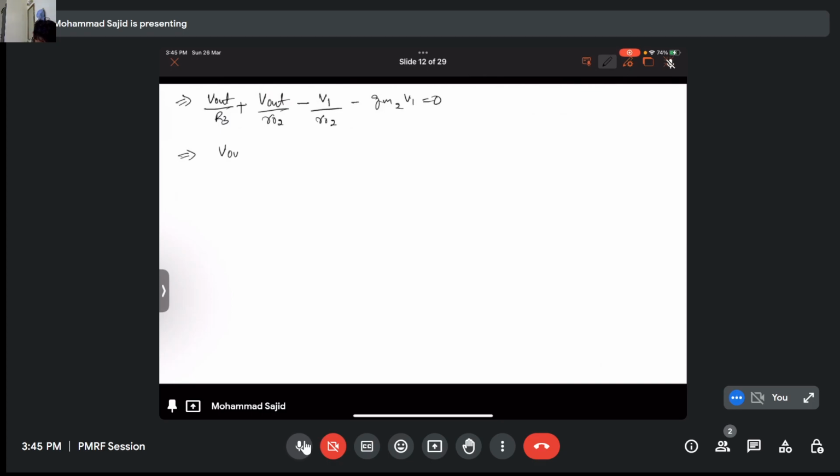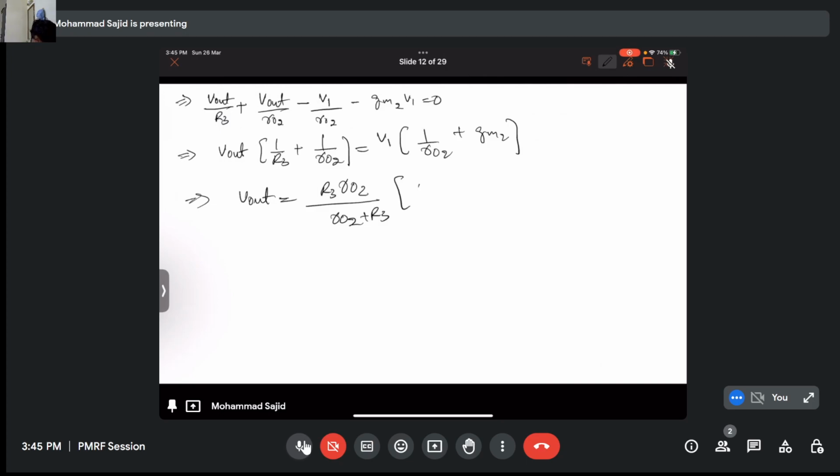So I can write V output, 1 by R3 plus 1 by RO2, is equivalent to the remaining terms.